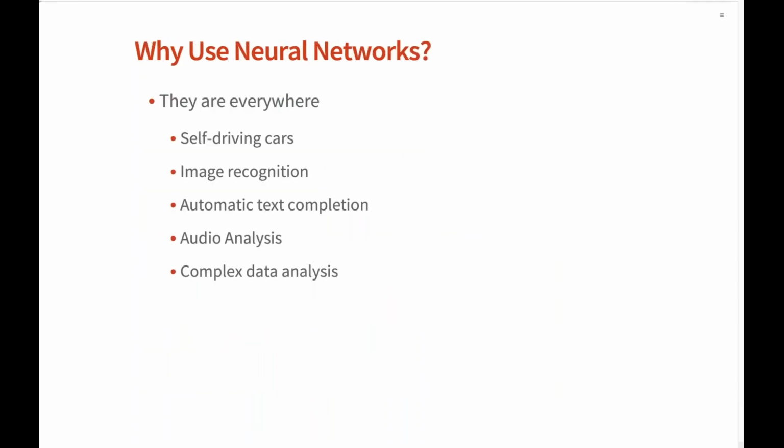So, if you have not used machine learning, deep learning, or neural networks yourself, you have almost certainly heard of them. They are everywhere. You may be familiar with their commercial use in self-driving cars, image recognition, automatic text completion, text translation, audio analysis, or even in complex data analysis.